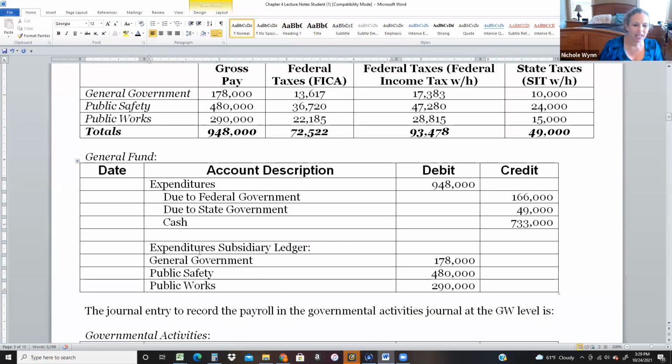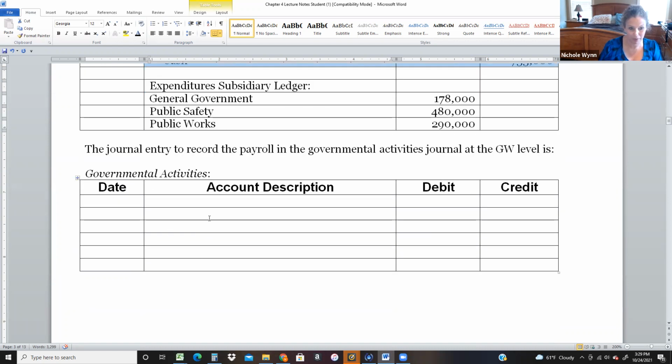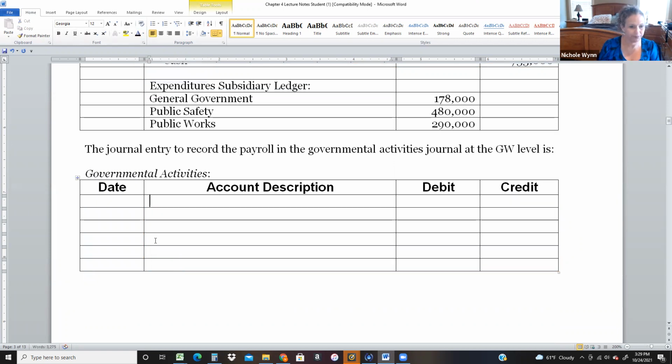Let's keep going. So at the government-wide level, we're going to take this exact same entry, but instead of expenditures, we're going to do expenses dash public safety, public works, whatever. So I'm going to delete what's under here. Okay. And so basically we'll do expenses instead of expenditures, but we're going to go ahead and do general government expenses, dash public safety, and expenses dash public works.